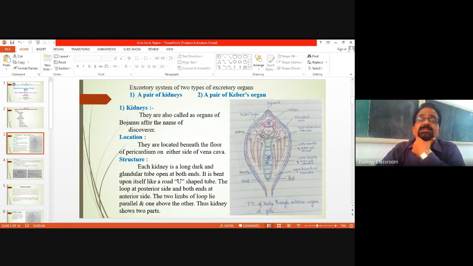The name Bojanus is given after the discoverer, because the scientist Bojanus first found out the location and the function of kidneys in the bivalve. Now, location: they are located beneath the floor of the pericardium on either side of the vena cava. You may have come across this diagram while studying the respiratory system.